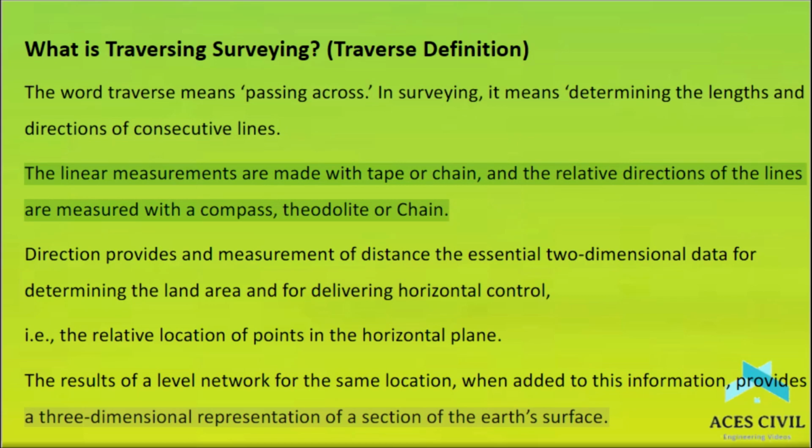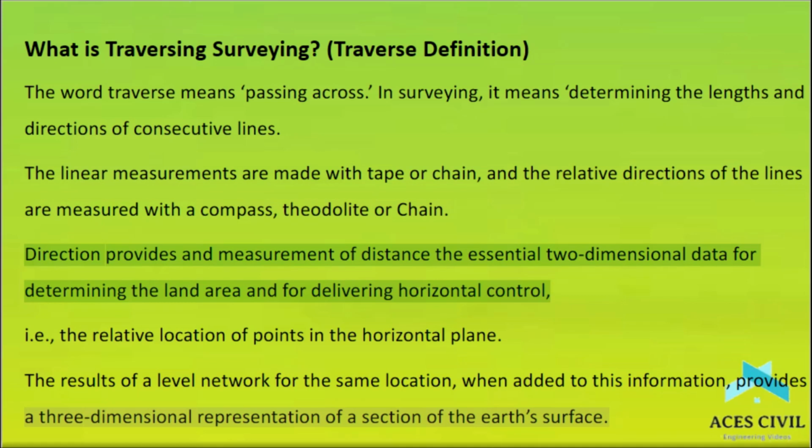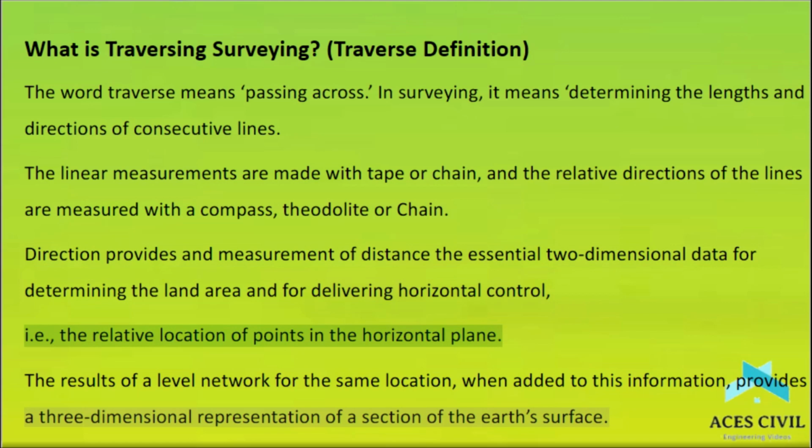The linear measurements are made with tape or chain, and the relative directions of the lines are measured with a compass, theodolite, or chain. Direction and distance measurements provide the essential two-dimensional data for determining land area and for delivering horizontal control, i.e., the relative location of points in the horizontal plane.